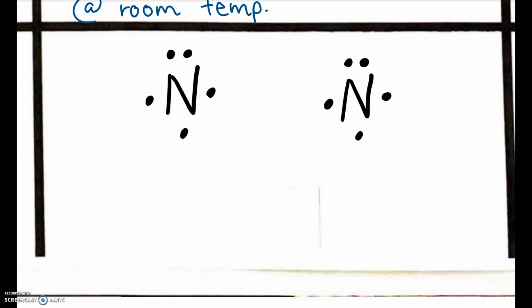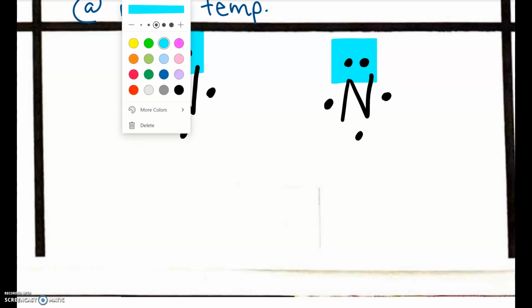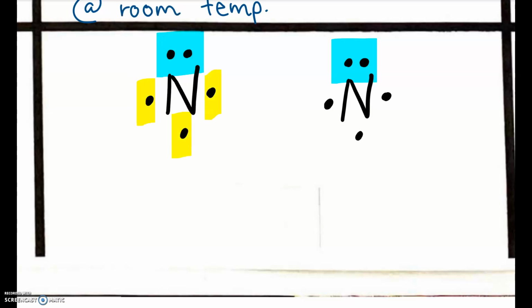So I'm going to draw the Lewis dot structure of nitrogen, and as you can see, there's one pair of lone electrons that are paired up on one side. And then we have these three on each that are not paired up.